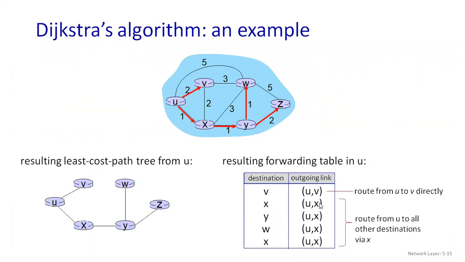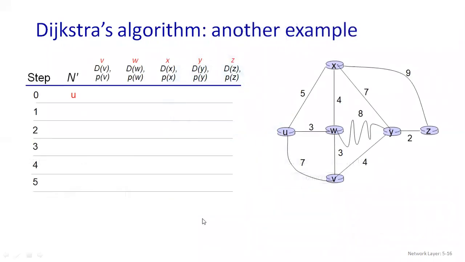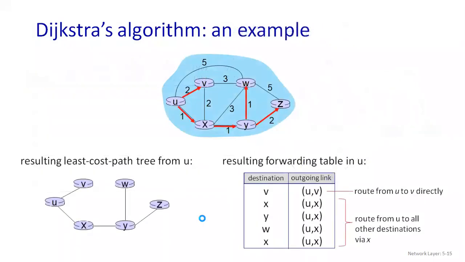If I'm going for X, from here you can see X, Y, W, and again X, because X is having U comma X. All these nodes will go via your destination node. So everything, the path will be the same. So this is known as your Dijkstra's algorithm.